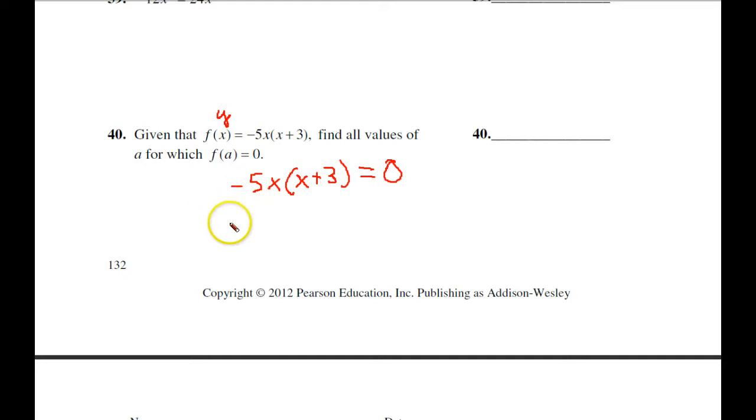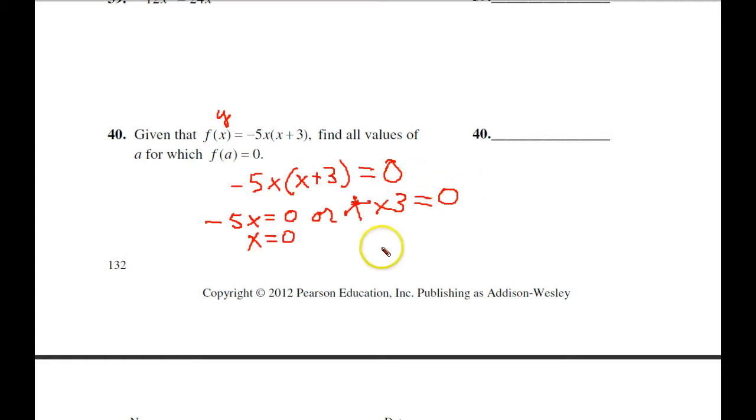So we equate that to 0. Negative 5x equals 0, or x plus 3 equals 0. So here we're dividing both sides by a negative 5, and we get x equals 0.